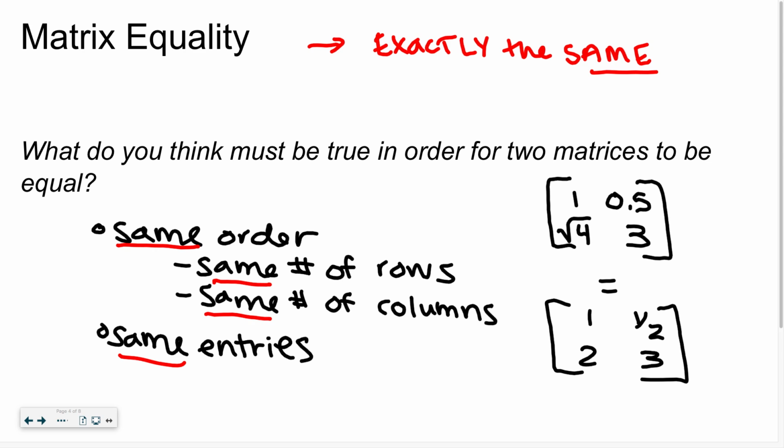Do the entries look exactly the same? No, but are they exactly the same? Yes, in value. The square root of 4 is 2, 1/2 is 0.5, so we know those things to be true. So that's a question I ask you, and you already know what it means to be equal. Things have to be the same. So don't think too hard about matrix equality, right?